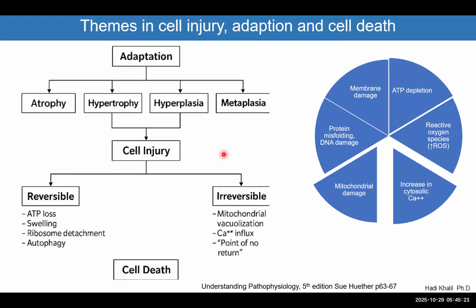So you remember this, probably this was the last slide of the class of the previous module. And we discussed the adaptation process after injury that could be translated into different aspects of how the cell behaves.